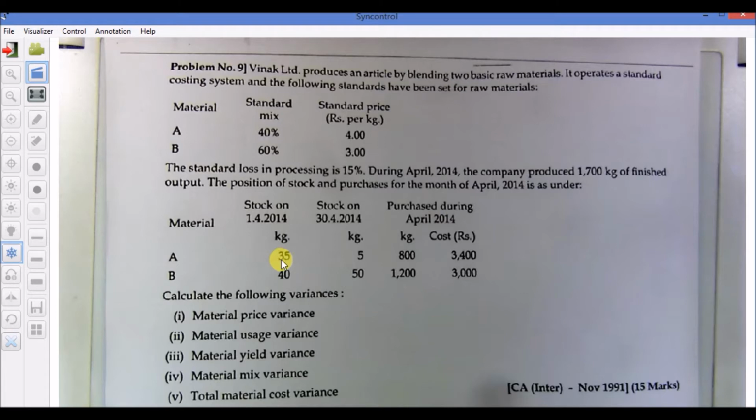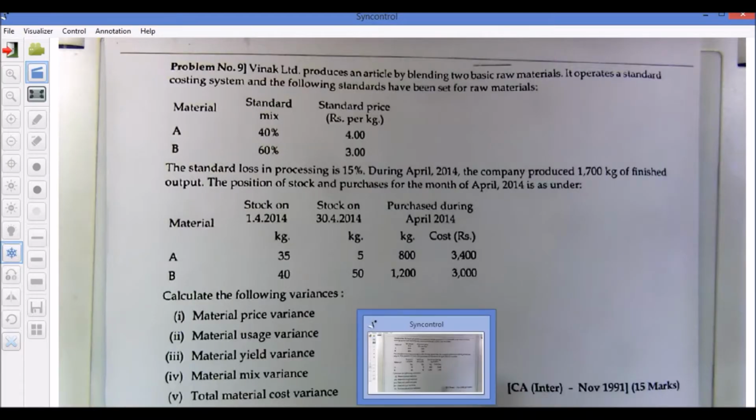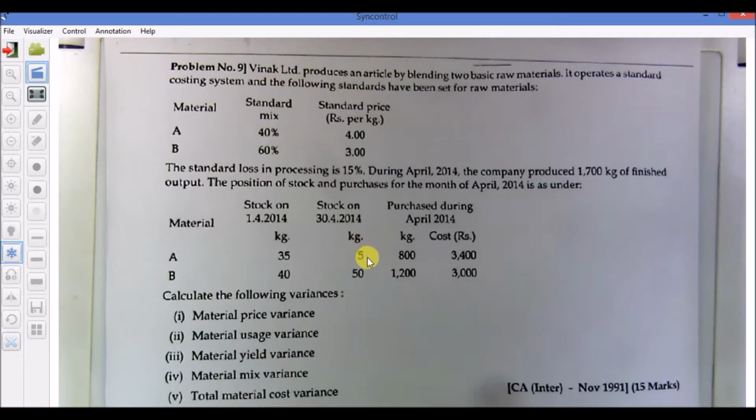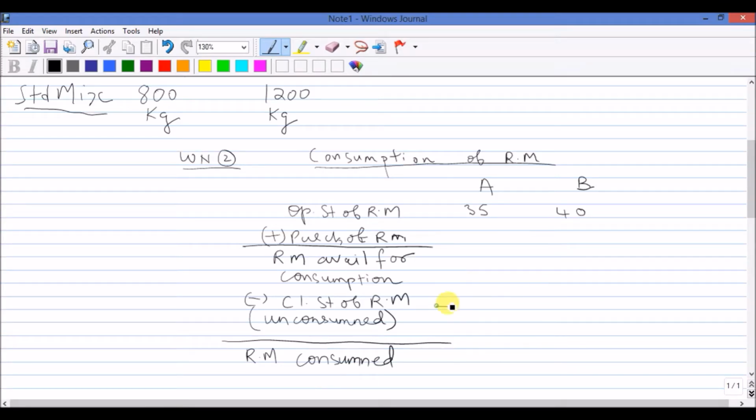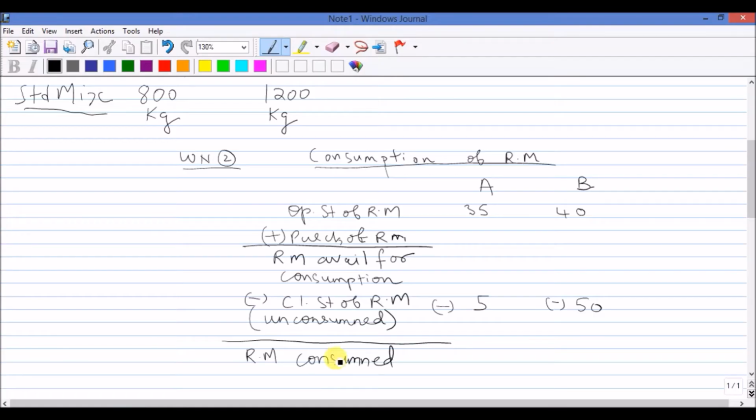So I'm reading the question. For opening stock we have 35 kg of A and 40 kg of B. Then closing stock we have 5 and 50. We have purchase 800 and 1200.